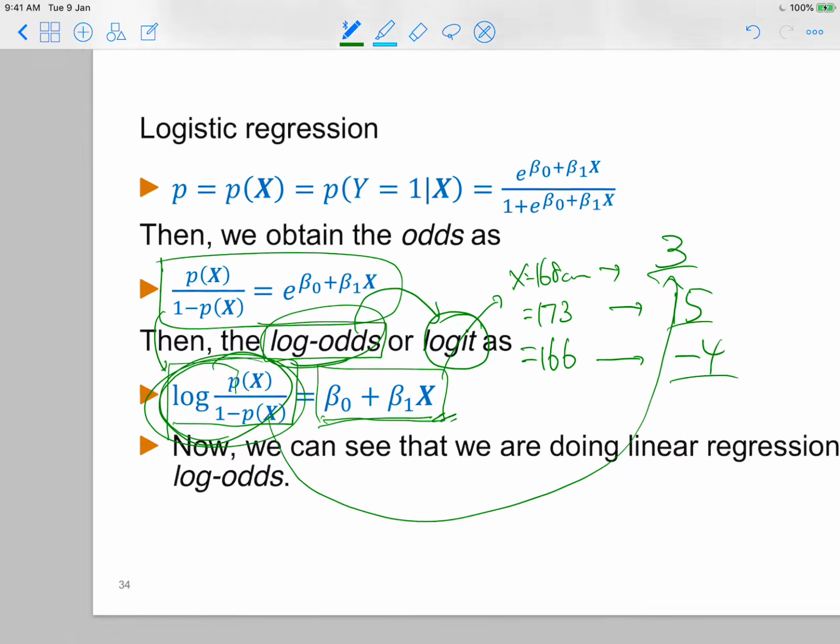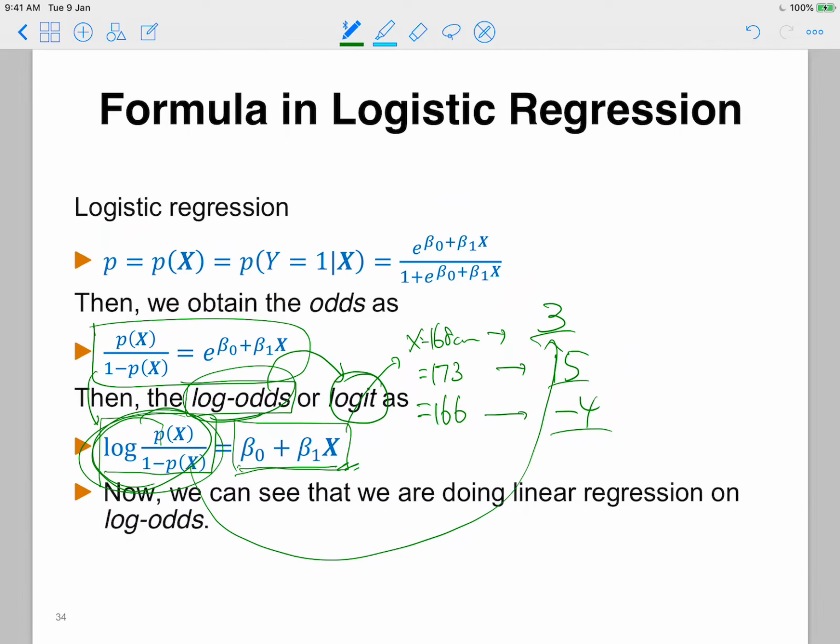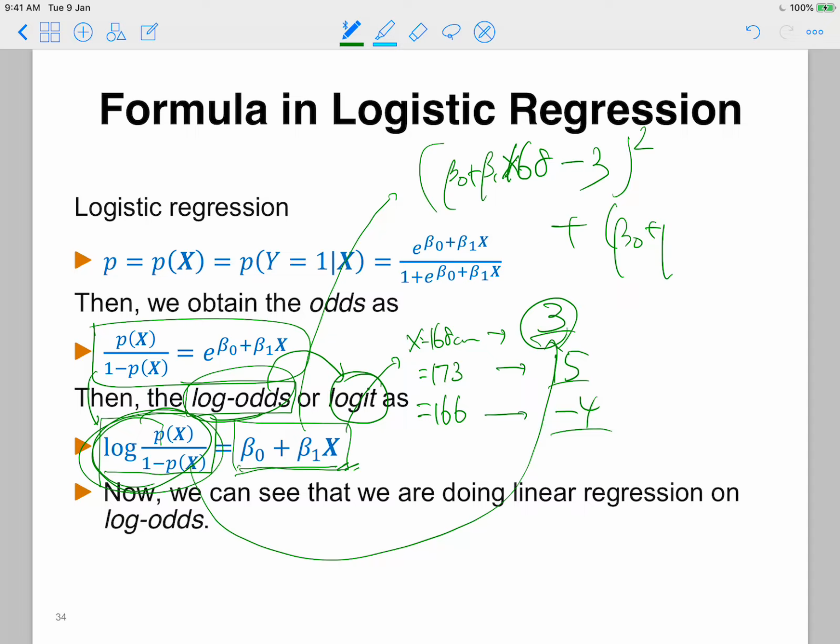If we follow that approach, then it is simply beta 0 plus beta 1 x, for this guy 168, minus 3 squared, and beta 0 plus beta 1 times 173 minus 15 squared. So this is the squared loss that we use in general in linear regression, right?